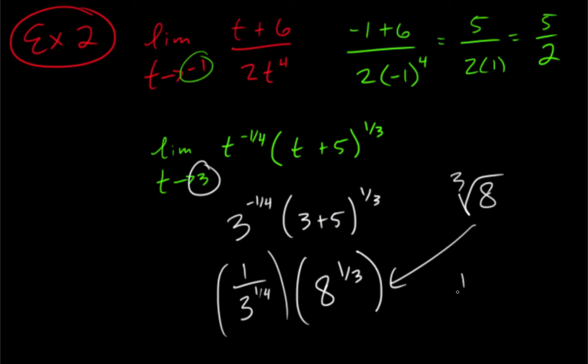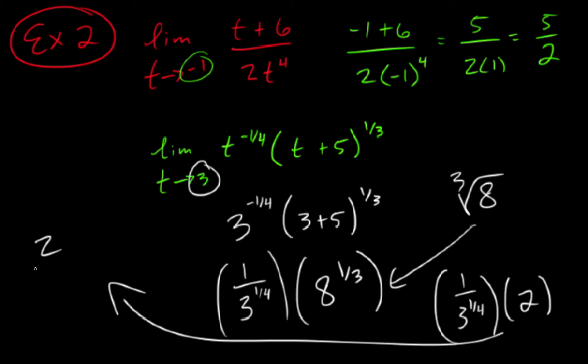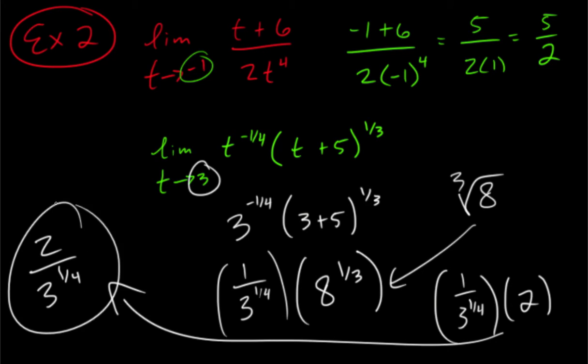So now we have 1/3 to the 1/4 times 2, which is going to leave us with 2/3 to the 1/4. You can plug it into a calculator or simplify it some other ways, but this is good enough to show what we need to see on this part.